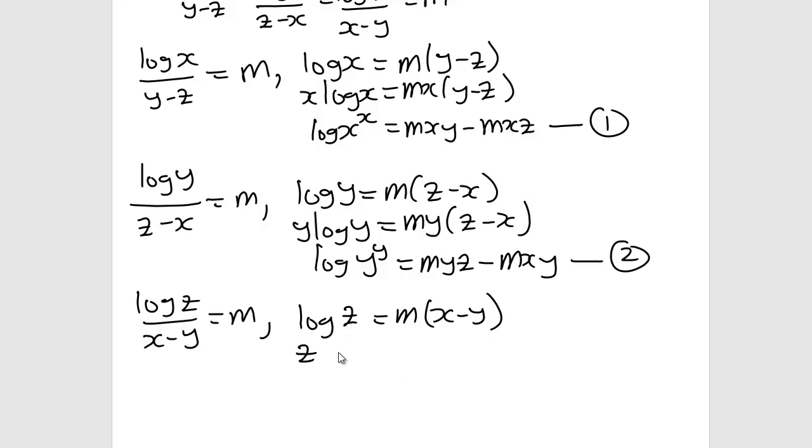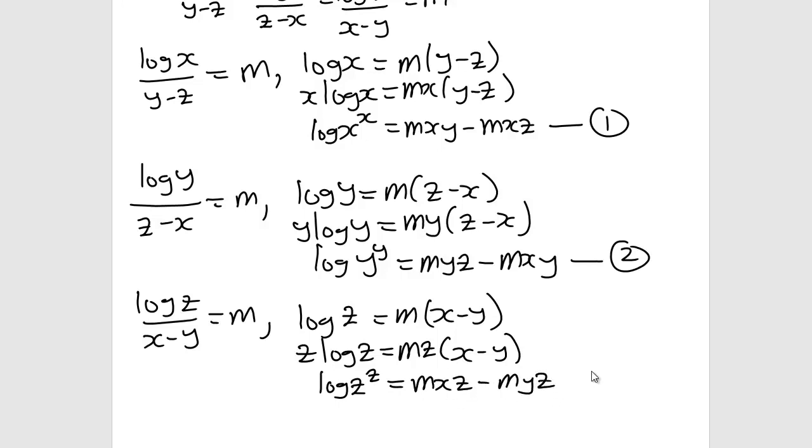So we have z times log of z equal to m times z into x minus y. Now we have log of z to the power z equal to mxz minus myz. So let's call this equation 3.